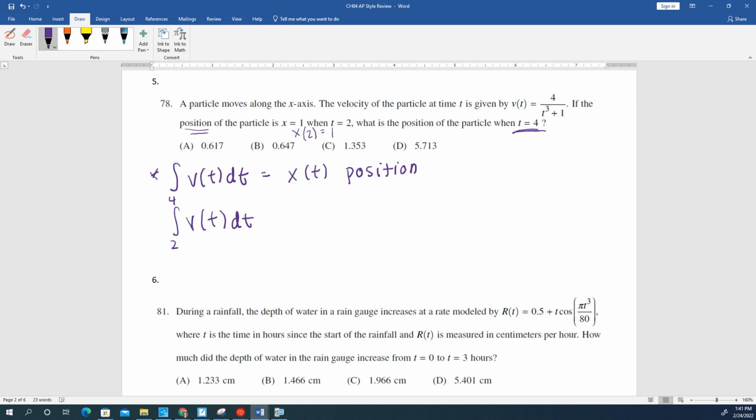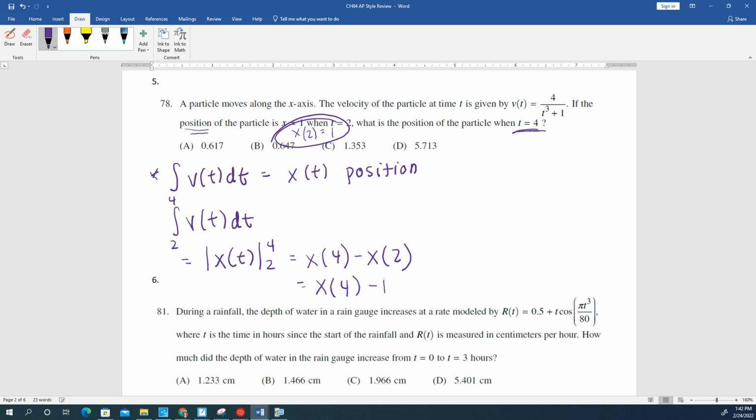I could plug in the velocity function, but you don't need to because we're going to do this all in our calculator. Here's the connection we need to make: the antiderivative of the velocity would be the position. And then by the fundamental theorem of calculus, I would do the position at 4 minus the position at 2. Here's again why we want to pick one of those bounds to be 2, because we know what the position at 2 is.